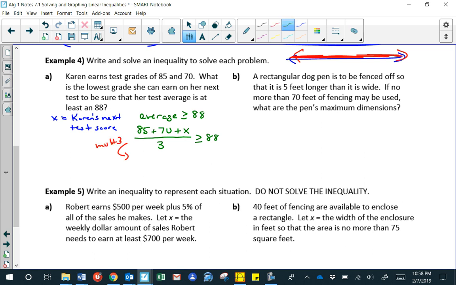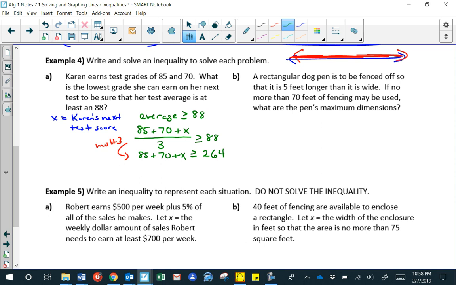If we multiply both sides by 3, we get 85 plus 70 plus x is greater than or equal to 88 times 3, which is 264, excuse me.